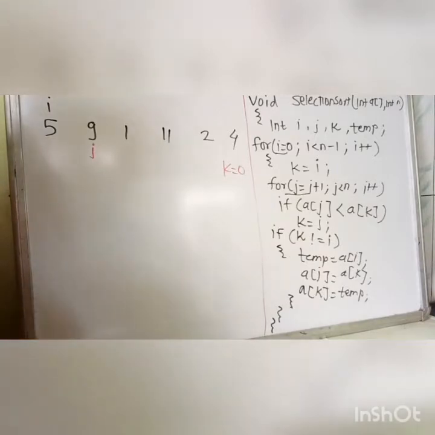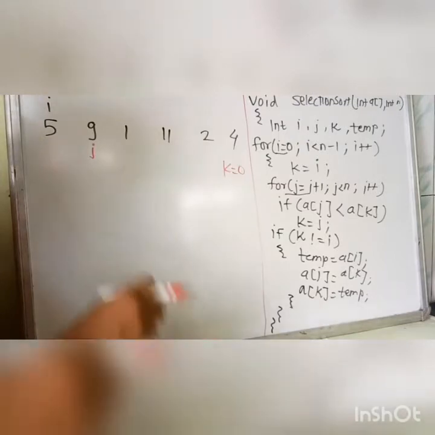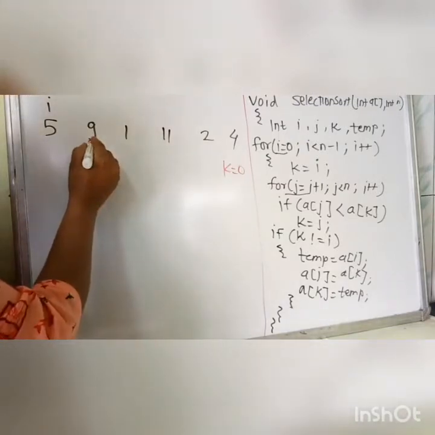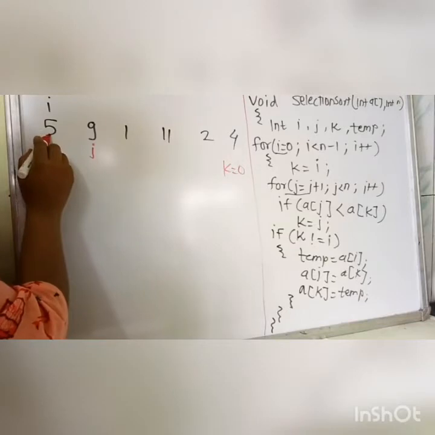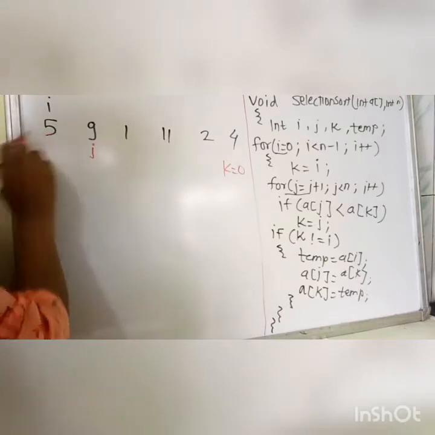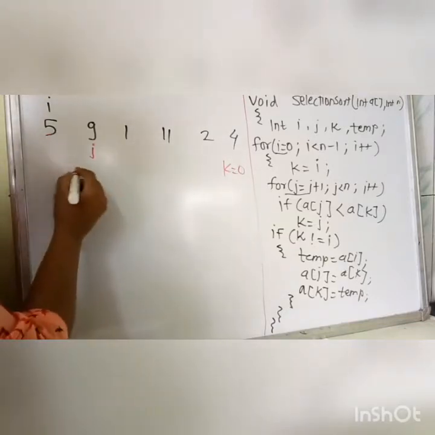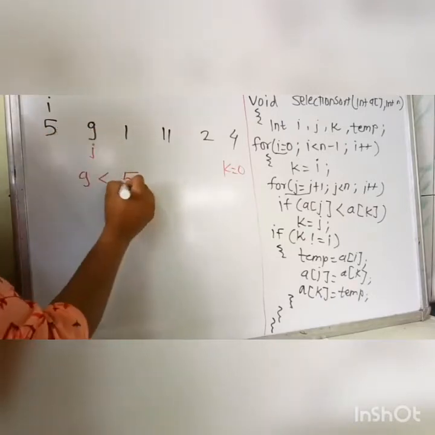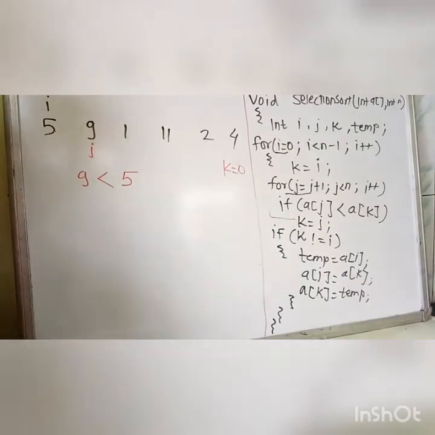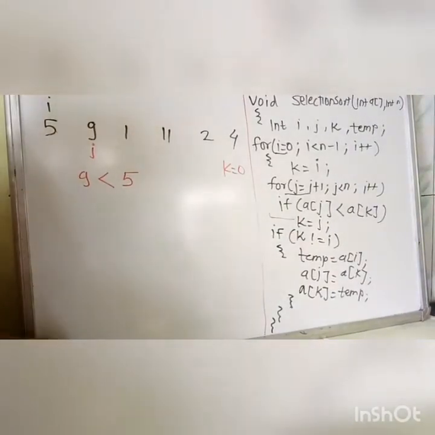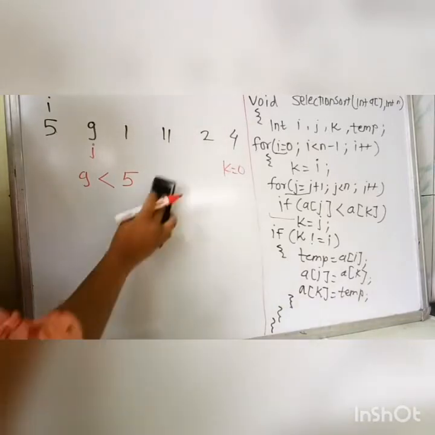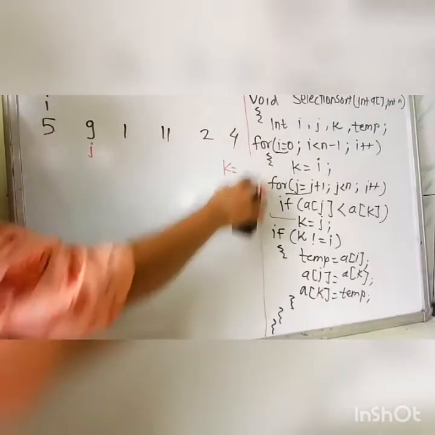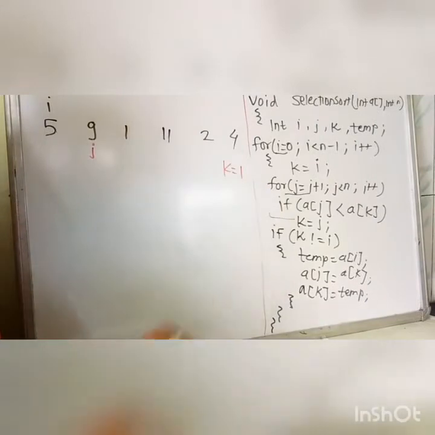Now we check if a of j is less than a of k. If a of j, means 9, is less than a of k, then carefully follow this mechanism: k equals j, means in k we place the position of the jth element.